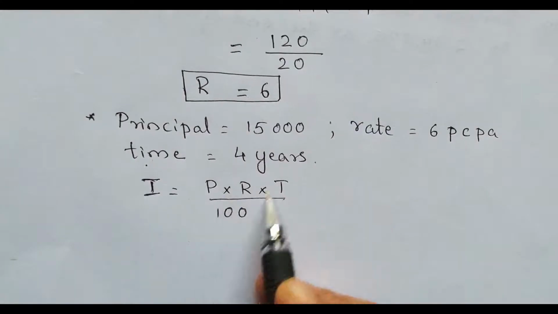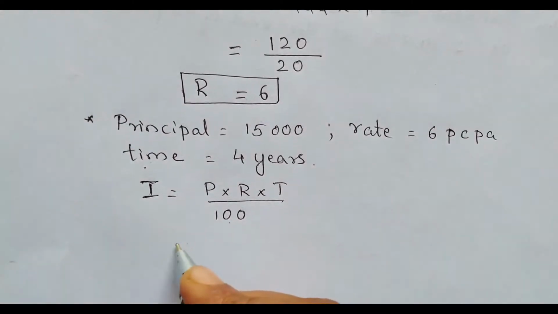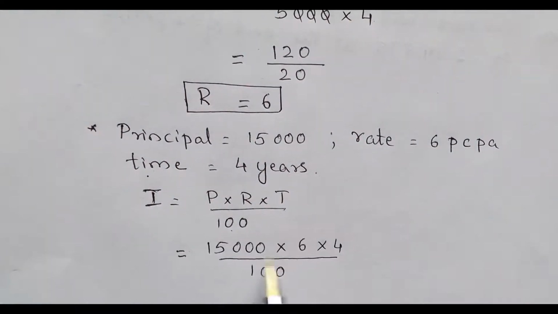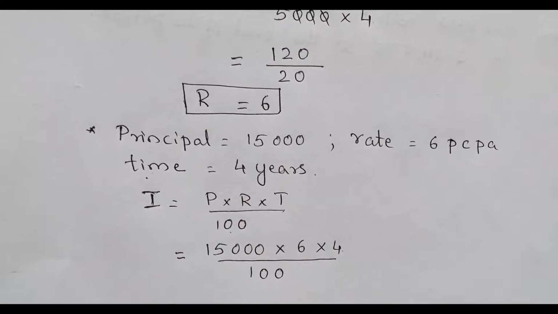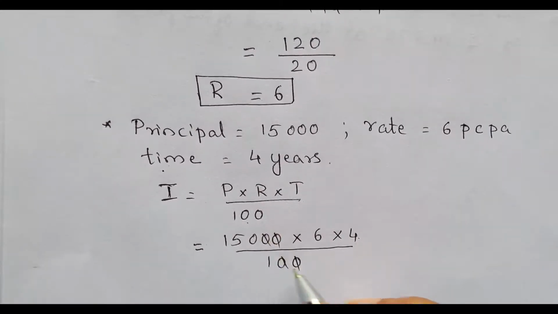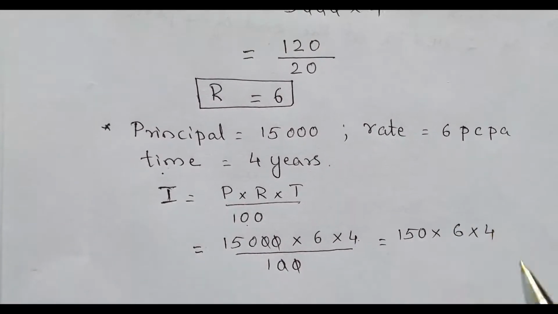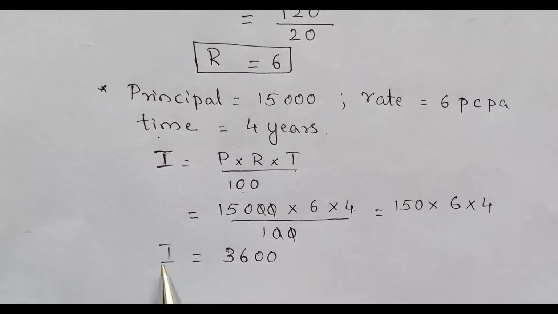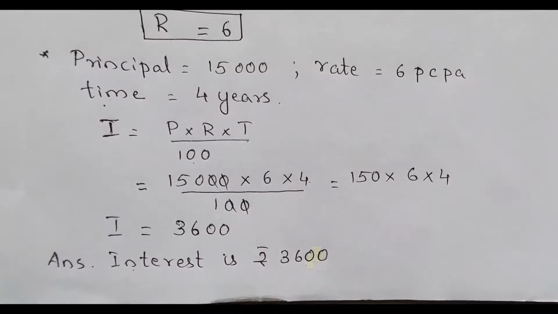I is equal to PRT upon 100. Substituting the values, we have 15,000 multiplied by 6 multiplied by 4 upon 100. Cancelling the zeros, 150 multiplied by 6 multiplied by 4. That is, I is equal to 3,600 rupees. So the final answer is the interest is rupees 3,600.